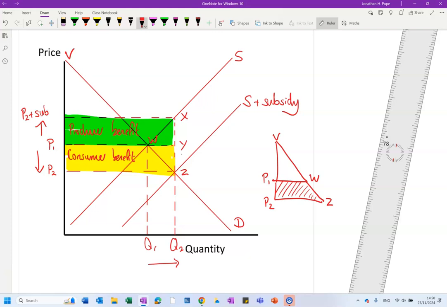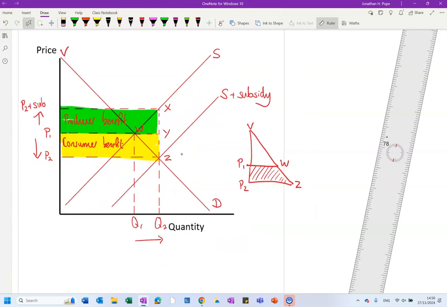That's all good. Very happy about that. Our total government spending on this has been P2 plus sub, X, Z, P2, and you could then section off the producer and consumer benefits as well using each of those.